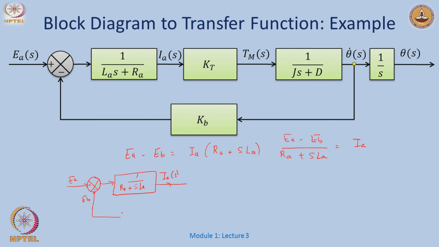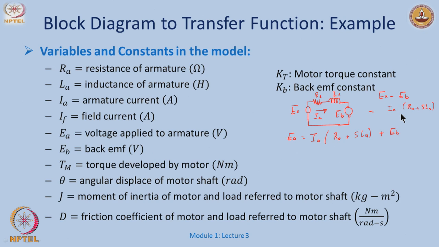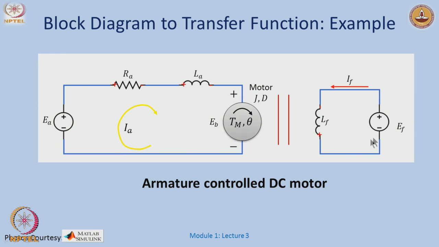Okay. So, what do we know in a motor? The torque is proportional to the field current and the armature current, right. The basics of a DC motor teach it this way. But here my field is constant, right, it is a separately excited machine. So, if you look at this picture here, Ef is always constant. So, the torque as a result of this would have a constant effect.